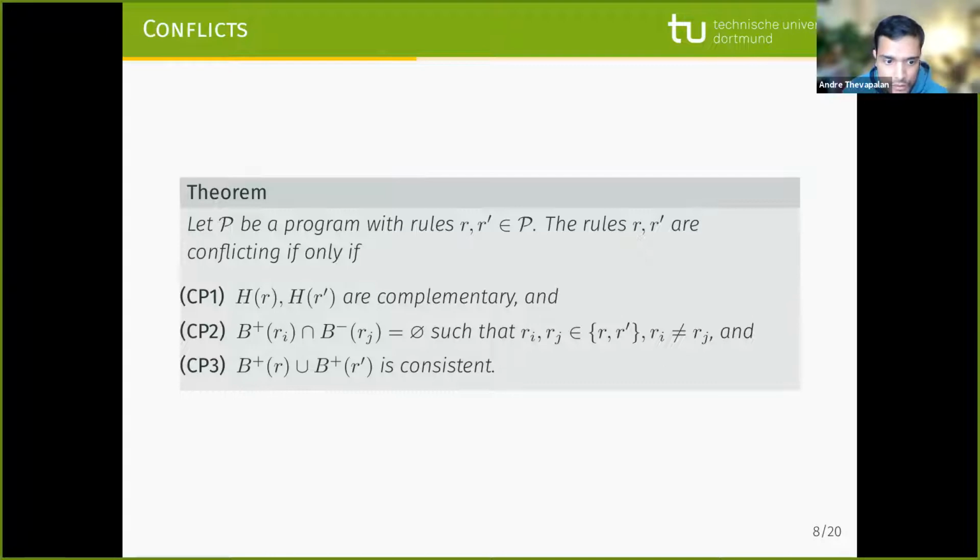Two rules are conflicting whenever the heads are complementary, as I said before, but the important property is that whenever they are conflicting, we can't find literals in the bodies that are either default complementary or strongly complementary.